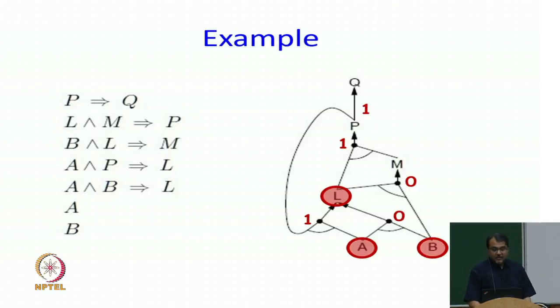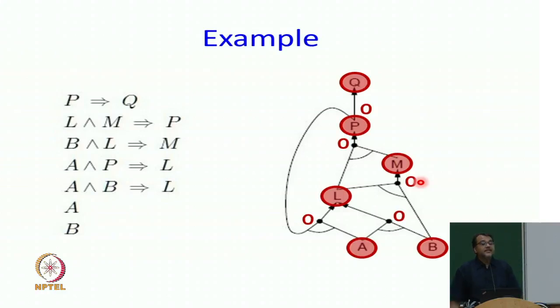So this other node which represented B and L has now been satisfied. That means I have been able to prove M. Because I have been able to prove M, I put M into the queue, and so on and so forth. I keep running this procedure, and at some point I get Q to be true, and when I can get Q to be true, that means I have solved the question I had at hand.